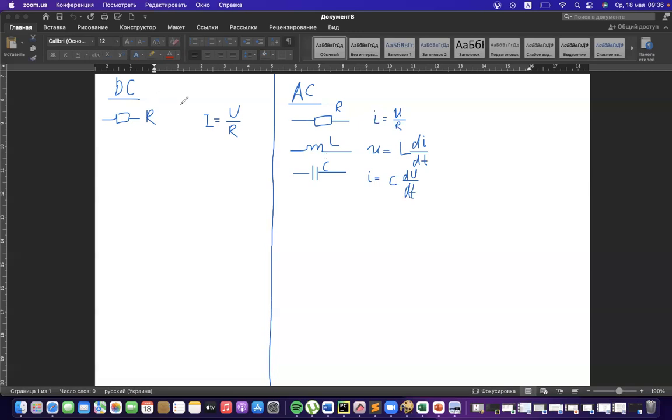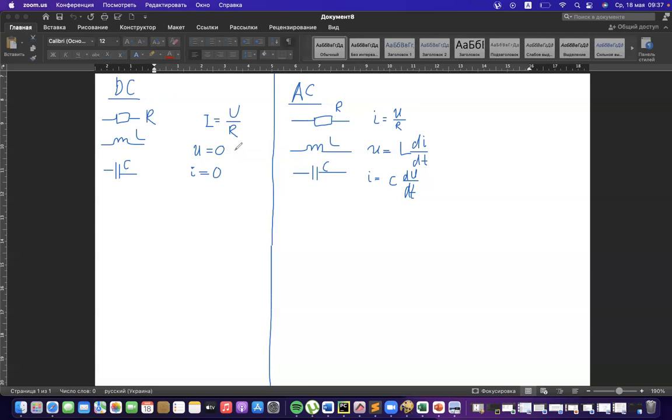And that is why for direct current, if you have constant values, then for your coil, the current is constant and the voltage equals 0, because the derivative equals 0. And for a capacitor, the current equals 0, because also for constant values, the derivative equals 0.